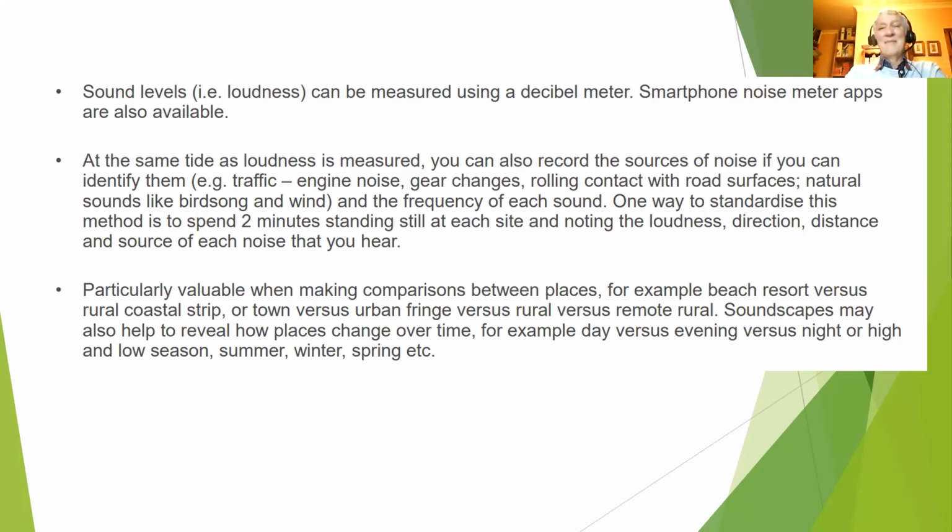It's interesting to use a decibel meter, and for a smartphone, you can quite easily get a noise meter app. At the time that loudness is measured, record the source of the noise if you can. There are lots of different kinds of noise that you might come across, often different noises clashing. So the loudness, the direction that the noise is coming from, the source, if you can find it.